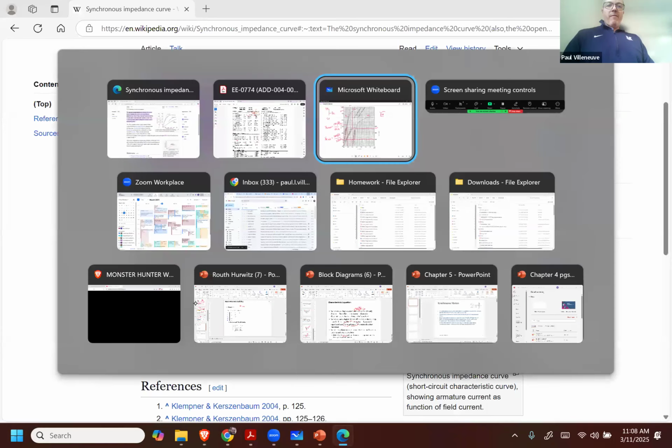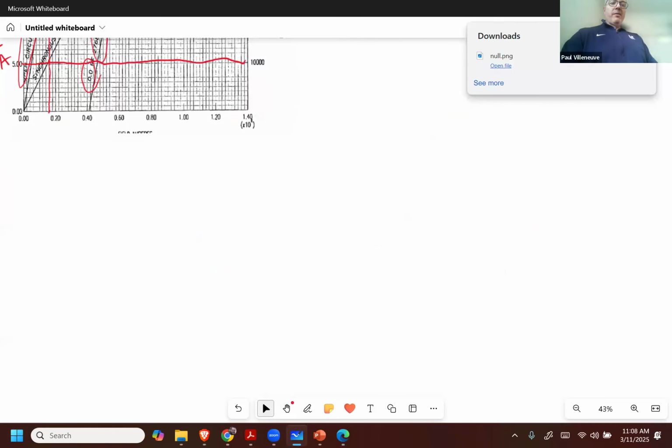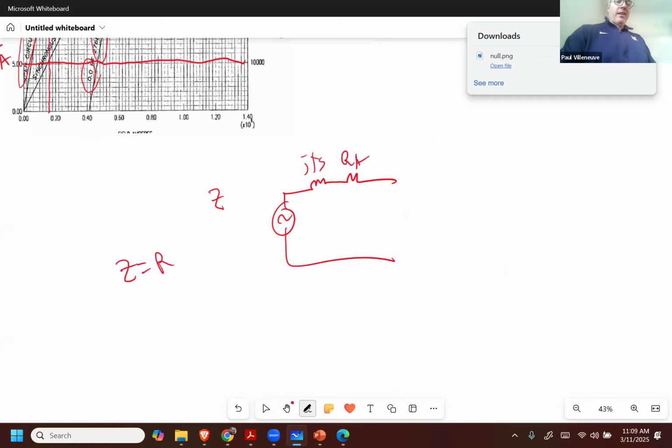Because remember, Z, this is jX_S, this is R_A. Z is equal to R_A plus jX_S, right? So if I have the voltage magnitude and the current magnitude, the magnitude of Z is going to be equal to the voltage divided by the current, those magnitudes only.